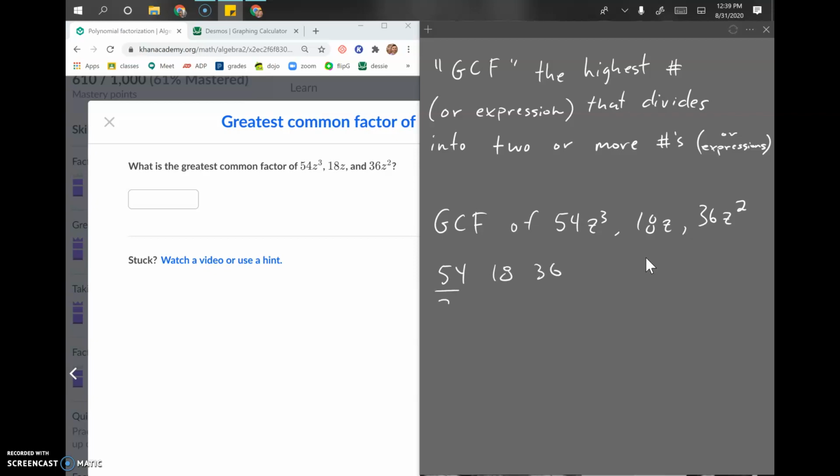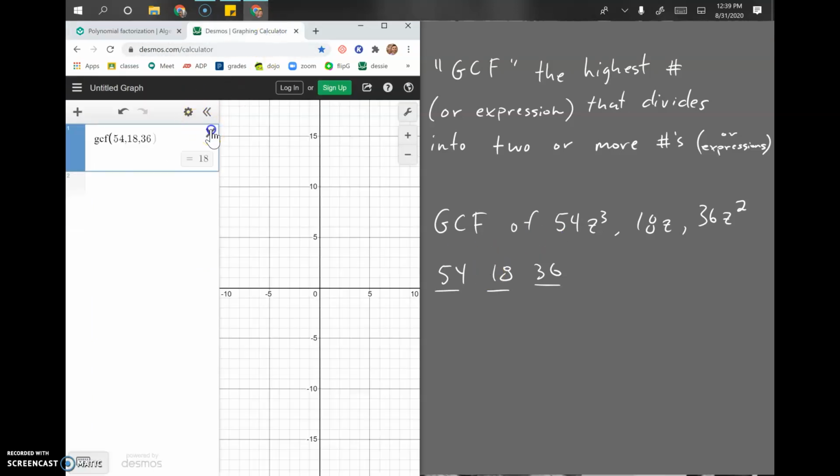Okay, we can divide them all by 2, and 2 will go in evenly, right? But that's not the largest number that we can divide them by, right? We could check a bunch of different things, but the reality is here, if I want to find the greatest common factor and I'm allowed to use Desmos, I'm going to type in GCF, greatest common factor, and then the first number 54, comma, the second number 18, comma, the third number 36, and it's going to tell me that the greatest common factor, or the greatest number that we can divide them all by, is 18.